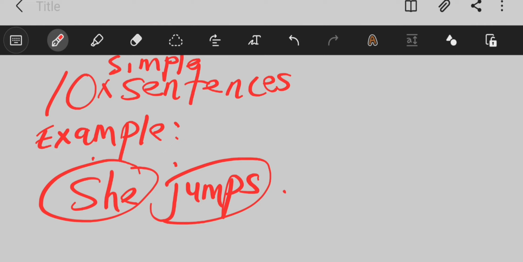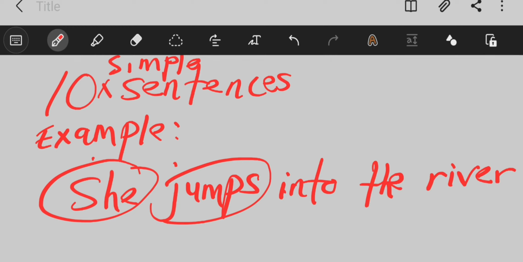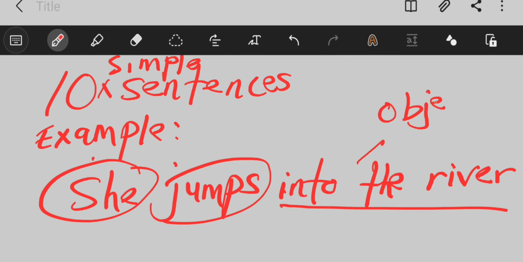Okay, but because I'm teaching year 5 and year 6, at least please give me a better sentence than this. Maybe you can add in: she jumps into the river. At the end of a sentence, this is what you call an object actually, but I'm not going to focus on this today. I'm just going to focus on verbs.